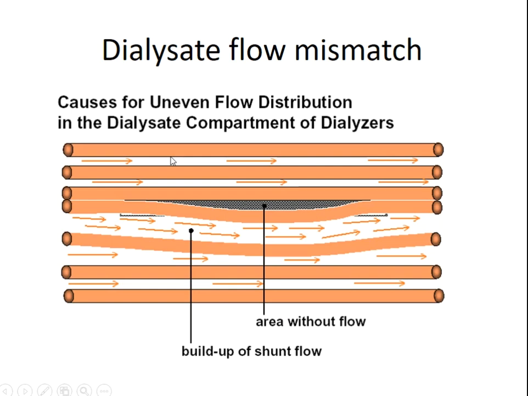In straight fibers inside the dialyzer, there are what are called dead areas, where blood is not matched with the dialysate flow, and so this area has no clearance.